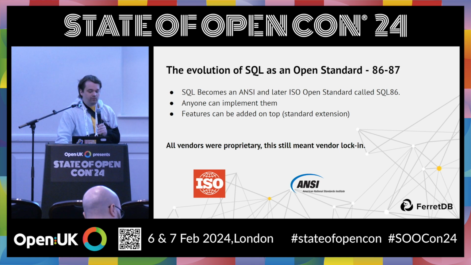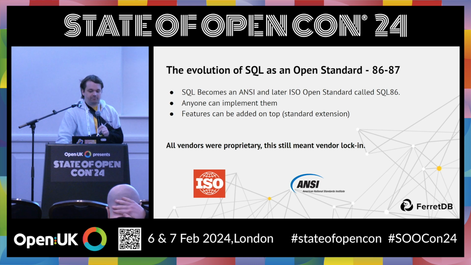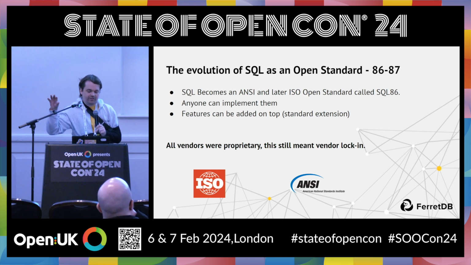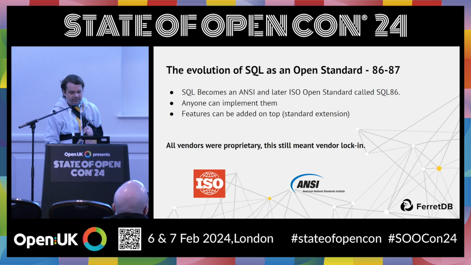However, all vendors were still proprietary, means that you are still in a vendor lock-in situation. So migration was still not as straightforward as with open source software, because the specifications of each alternative was not known. It was not an open book like open source software is.